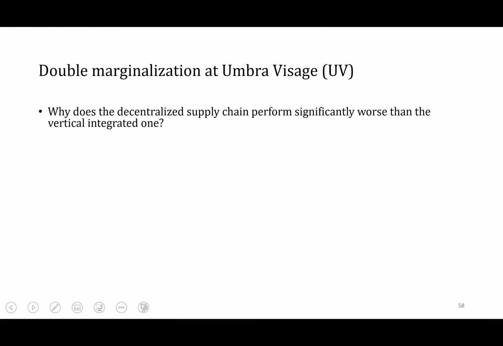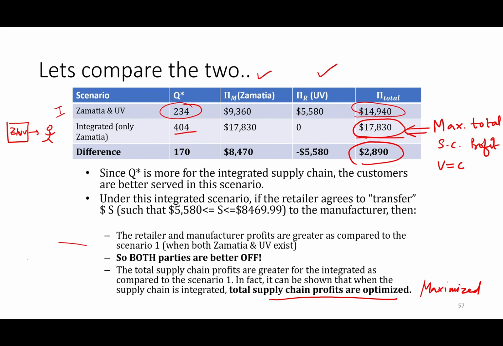So then we looked at these questions, that why is it that a decentralized supply chain performs significantly worse than the vertically integrated one? Okay, significantly worse, like it's making almost $3,000 less.